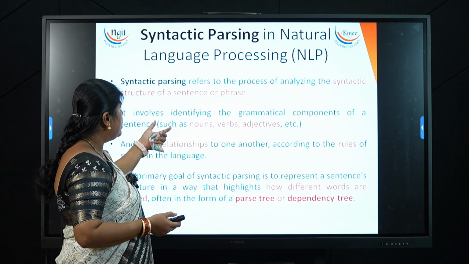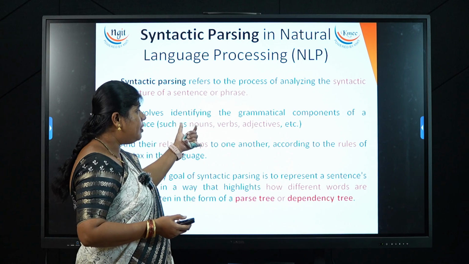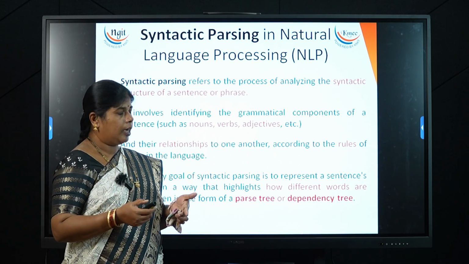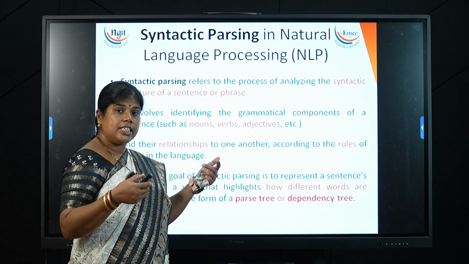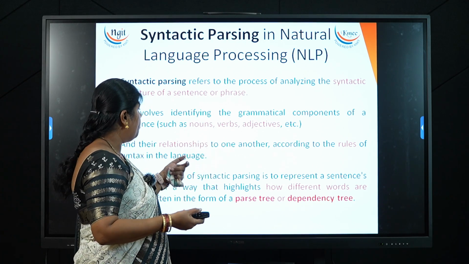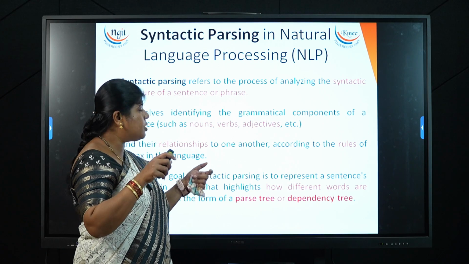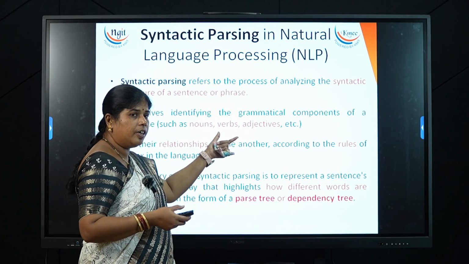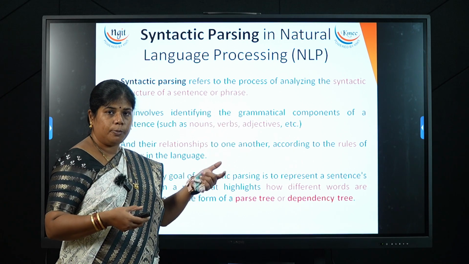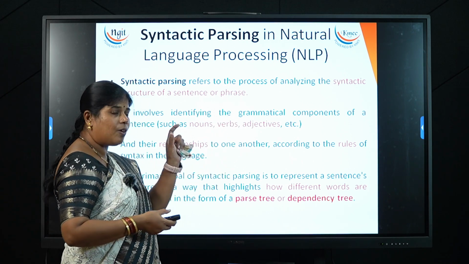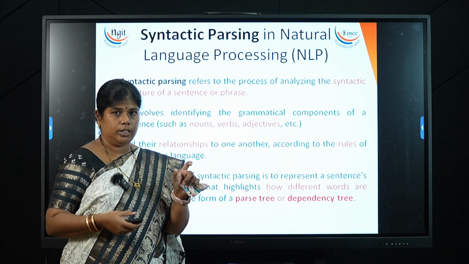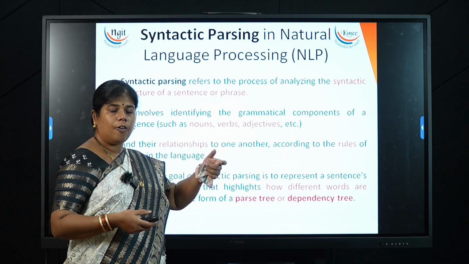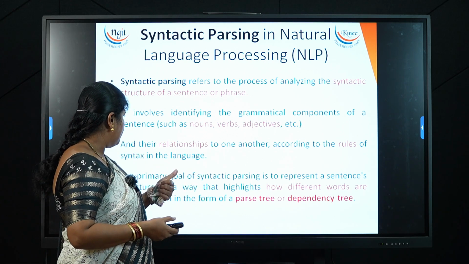First, I will try to identify in which component of grammar it lies, which part of speech it is. As we have seen in previous videos, there are different parts of speech: noun, verb, adjective, adverb, like that. Whatever the token is, it will come under some category of part of speech. That is the first step.